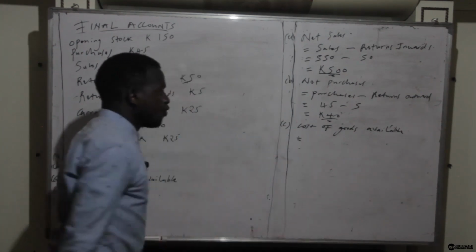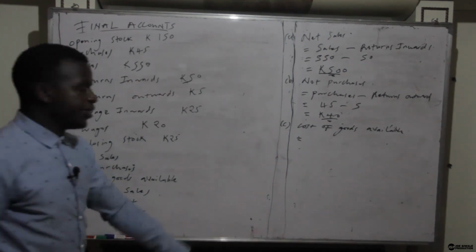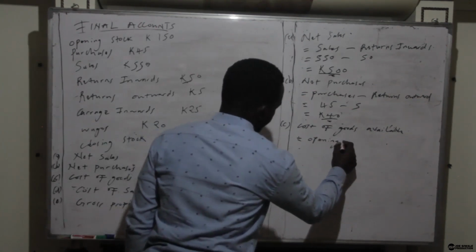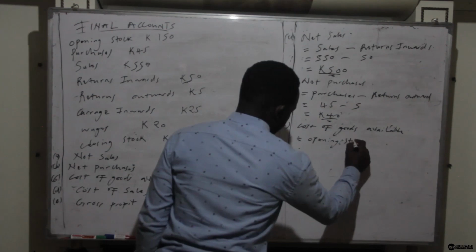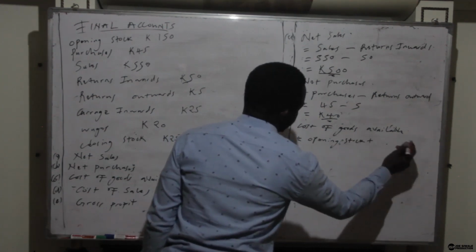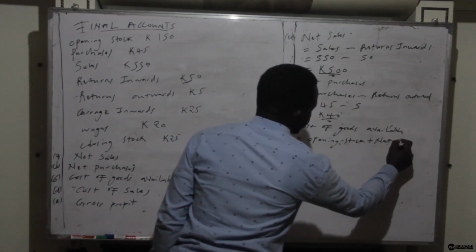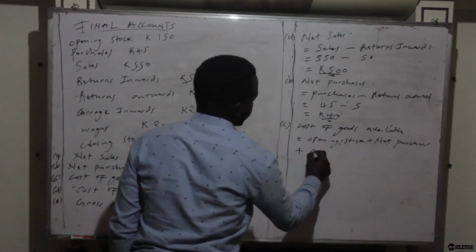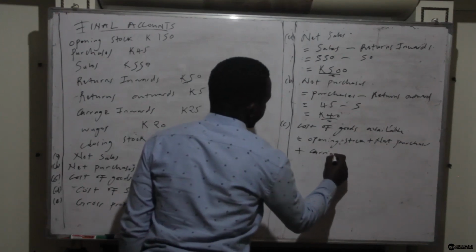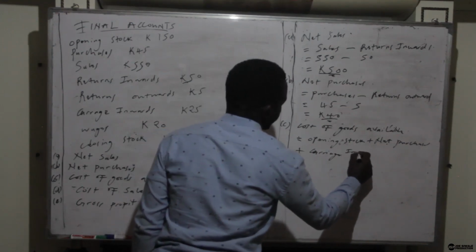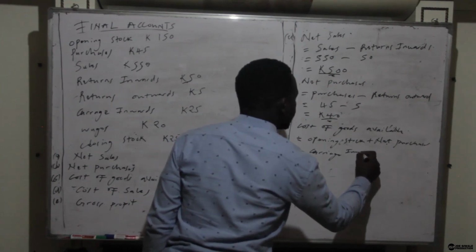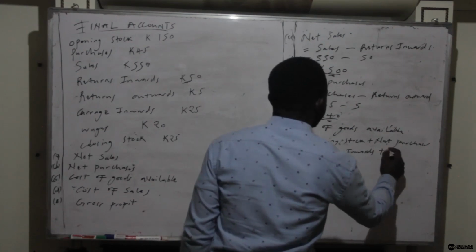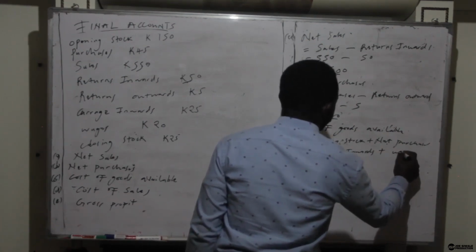So for the cost of goods available, we use this formula. We say opening stock plus net purchases plus carriage inwards plus wages.